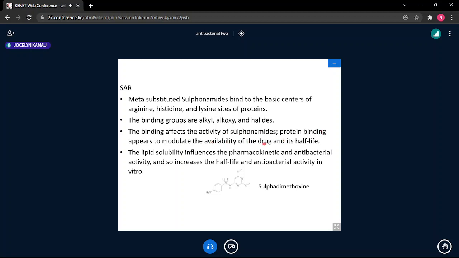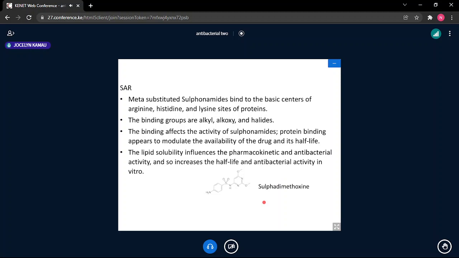Protein binding appears to modulate the availability of the drug and its half-life. So it will affect the binding of the drug at the site of action. And of course, the protein binding will also have an influence on the availability of the drug and its half-life. So again, when we put these groups, they will also have an influence on the half-life.